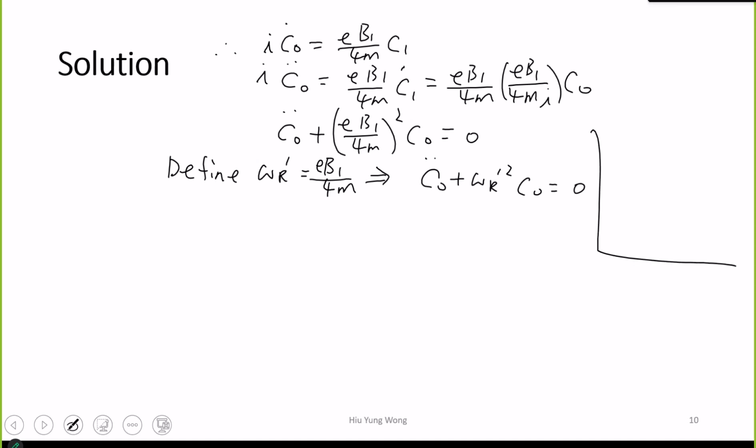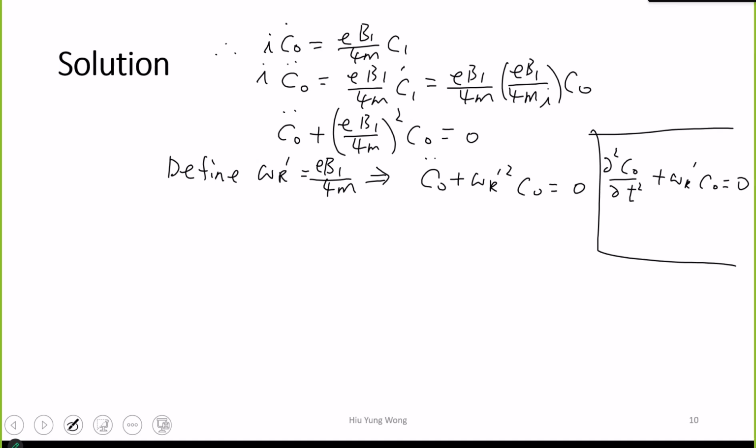If you're not familiar with this, just a reminder, this is the second derivative of C0 plus omega R dash square C0 equal to 0. This is the wave equation. It tells us how C0 evolves as a function of time.